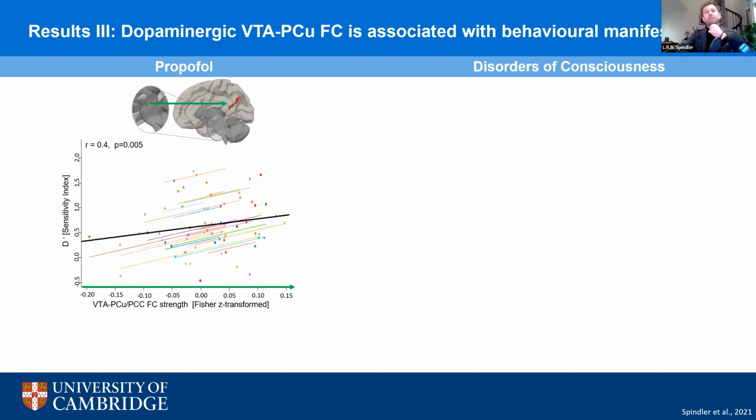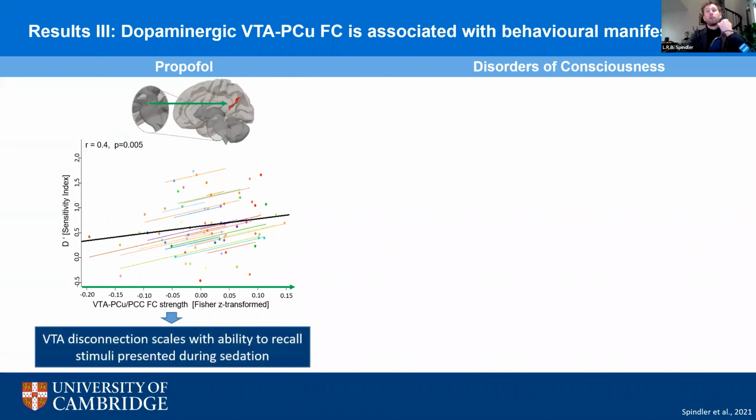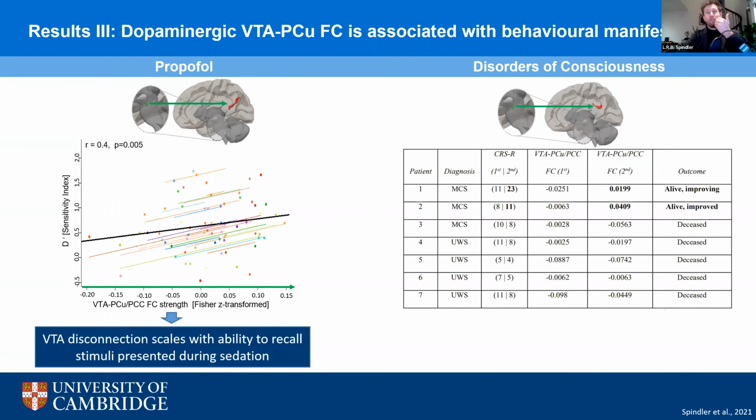Whilst, as you probably know better than anyone at the GIGA, it is a lot more difficult to find any meaningful behavioral measures in disorders of consciousness patients, we took a longitudinal view in them and found that at a 6-month follow-up, only those patients who improved and remained alive had positive VTA precuneus connectivity reemerge, whereas those that maintained negative connectivity or further deteriorated did not improve and subsequently all deceased.